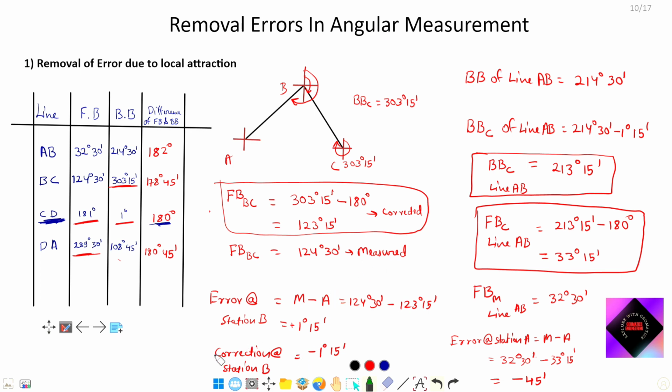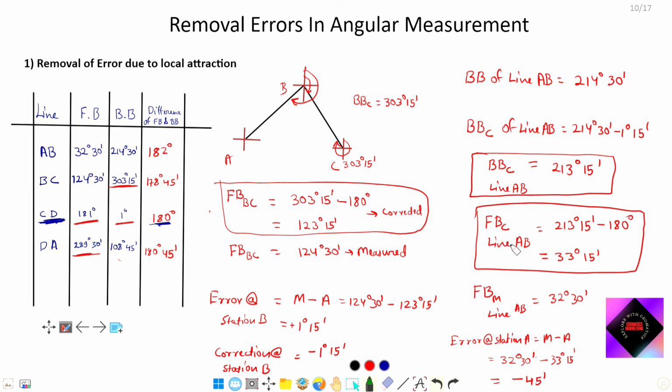And then using that station's correction, we have corrected the next reading calculated from station B, that is the back bearing of line AB. Once the back bearing of line AB is corrected, then with the help of it, the forward bearing of line AB is calculated with the statement that forward bearing minus back bearing is equal to 180 degree.